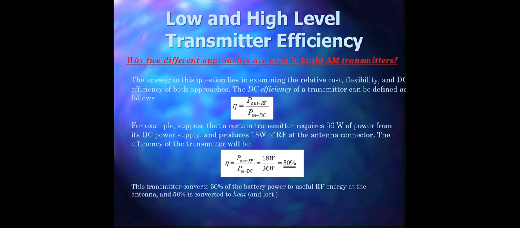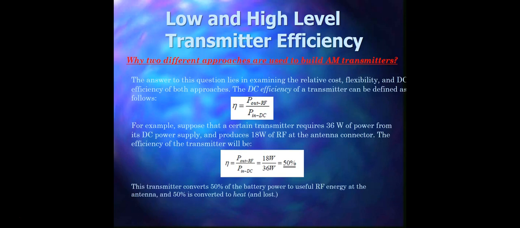So it makes good economic sense to use the most efficient transmitter layout available. A high level transmitter has better DC efficiency than the low level transmitter approach. Naturally we would like all our electronic devices to be as efficient as possible, especially in certain cases.